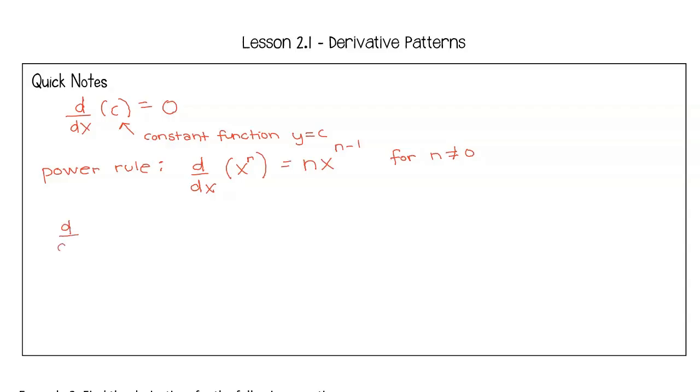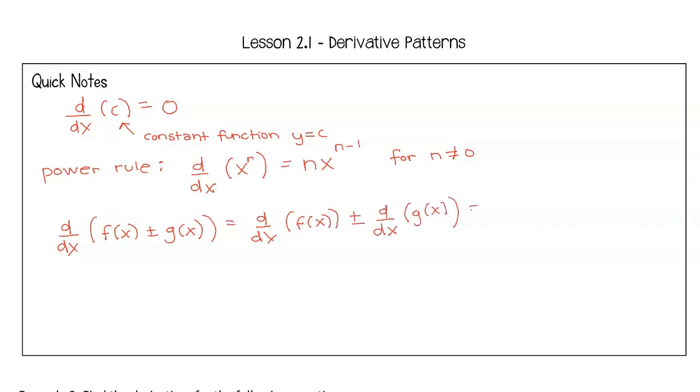Then the derivative of f of x plus or minus g of x is just going to equal the derivative d dx of f of x plus or minus d dx of g of x. Or we could simply write that as f prime of x plus or minus g prime of x.